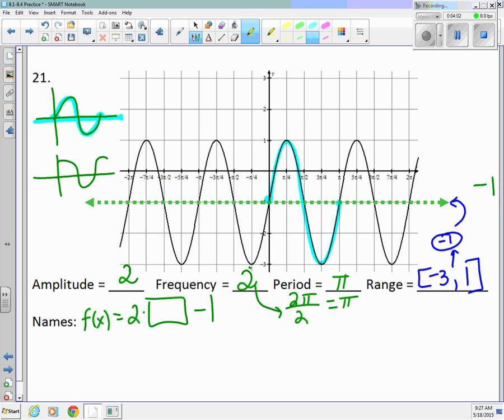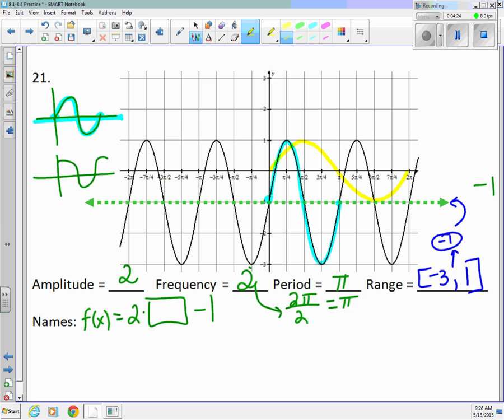The question is, how am I going to transform the regular sine curve into that? I hope we would all agree my regular sine curve looks like this. Here's a regular old sine curve, and I need to shift that graph of sine to look like the blue.